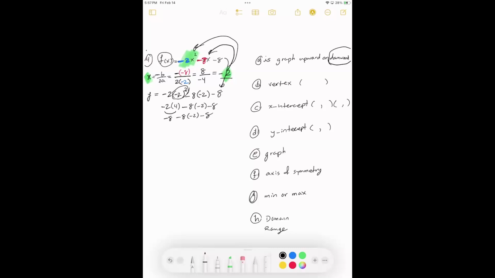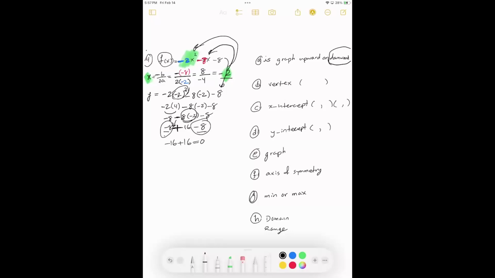You see, I'm going slowly, one step at a time. Multiply these two. 8 times negative 2 is negative 16, but I have a negative here, so I multiplied these two and got a negative. Negative and negative turns that into a positive. Then I have a minus 8 and minus 8. That's minus 16. Both are negative. Let's add them. I get negative 8 and negative 8 is negative 16, plus 16 gives me 0.